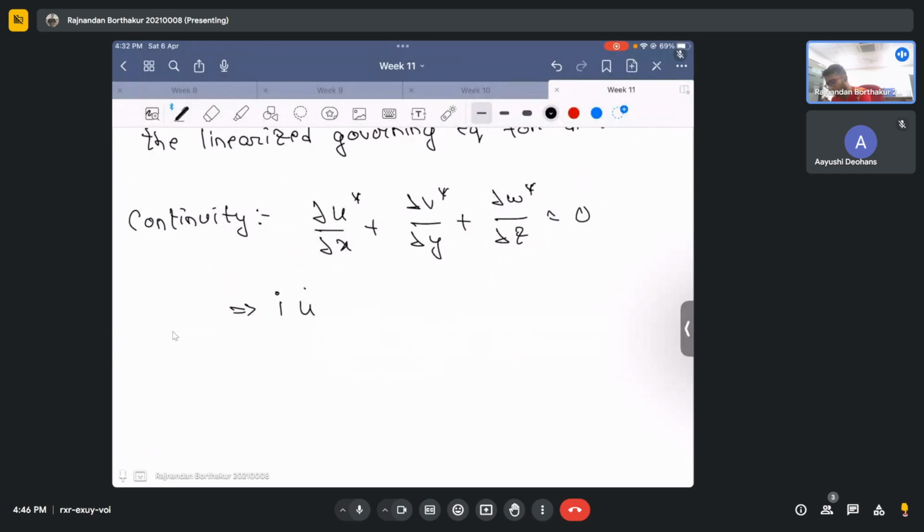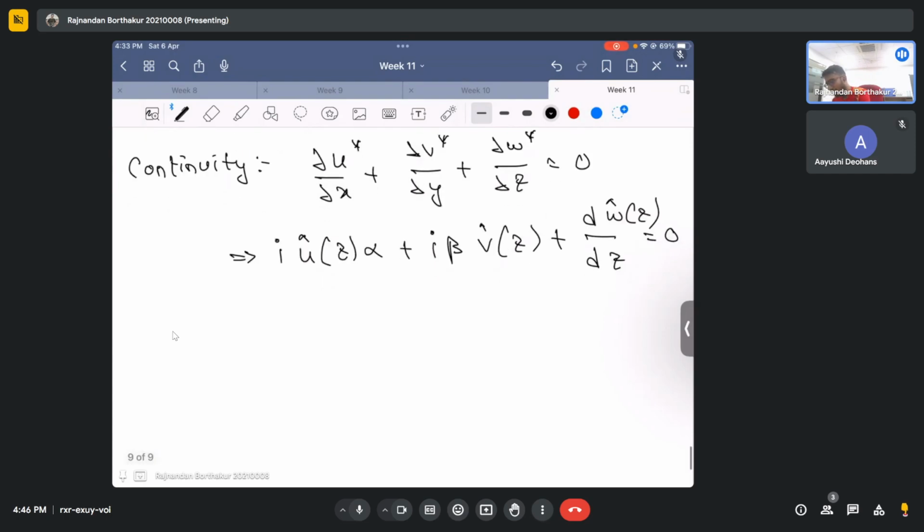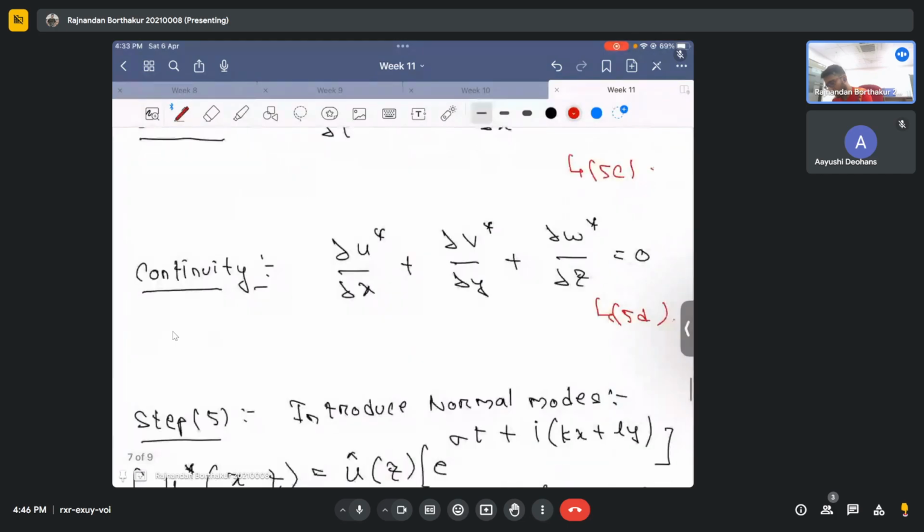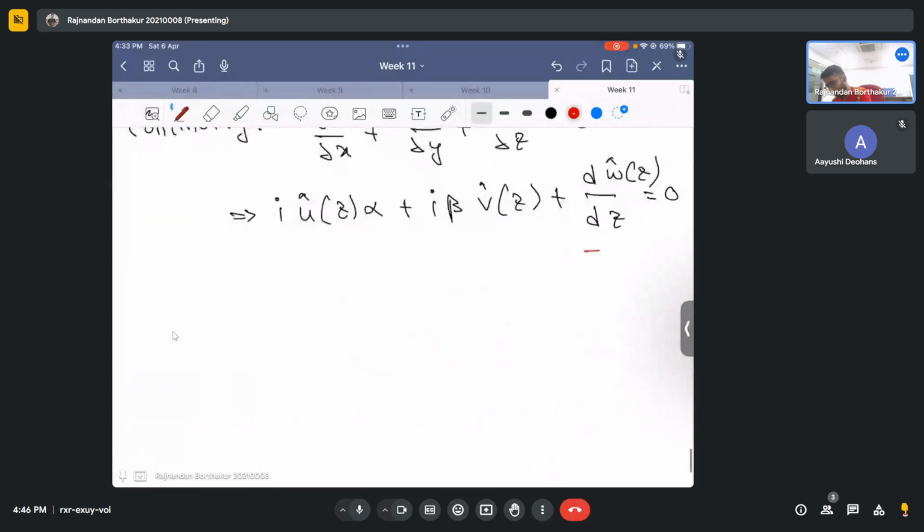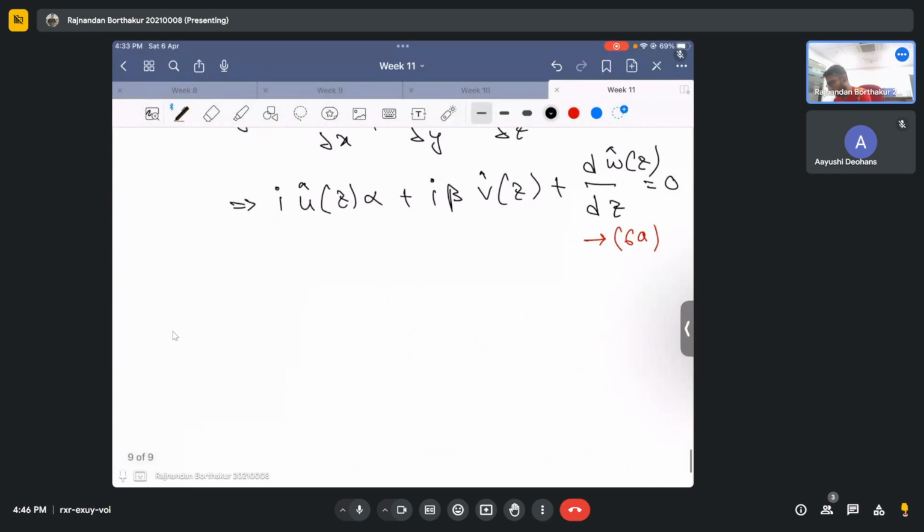The math is very easy, of course. Okay. We will name this equation maybe what? So these are, okay, this is 5abc. We'll name it as 6a maybe. Okay. So that's the continuity.